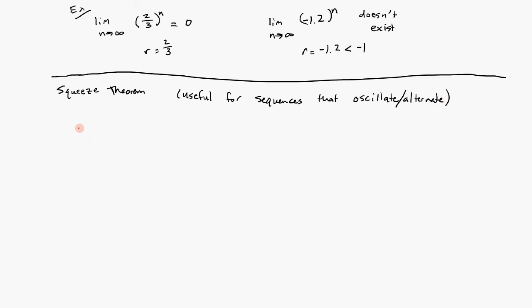Okay, so the idea is the following. Suppose the limit as n goes to infinity of some sequence is hard to compute directly.